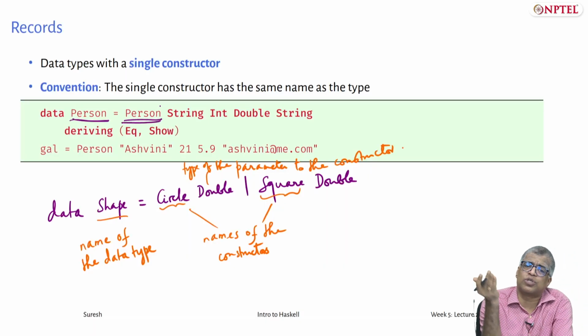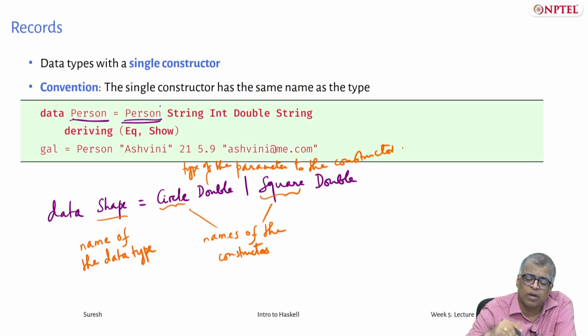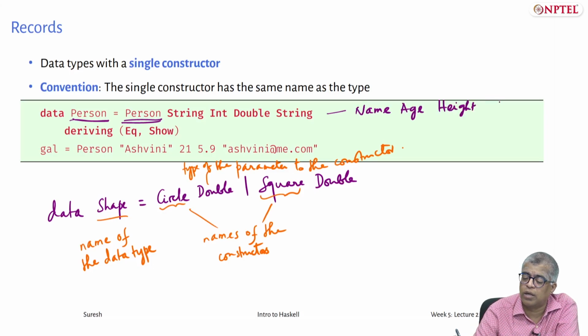Okay, so here I am storing details about a person: String Int Double String. The first String is the name, the second Int is the age, Double is the height, and the last String is the email address. Okay, so name, age, height, email.